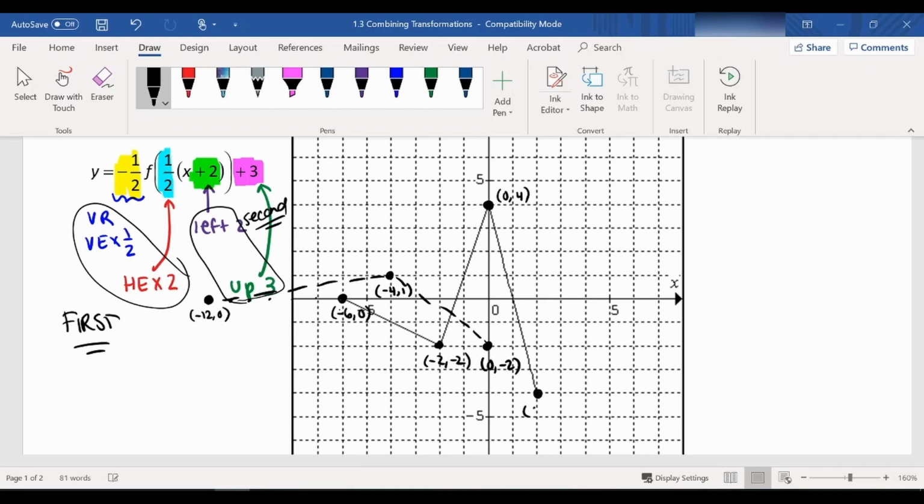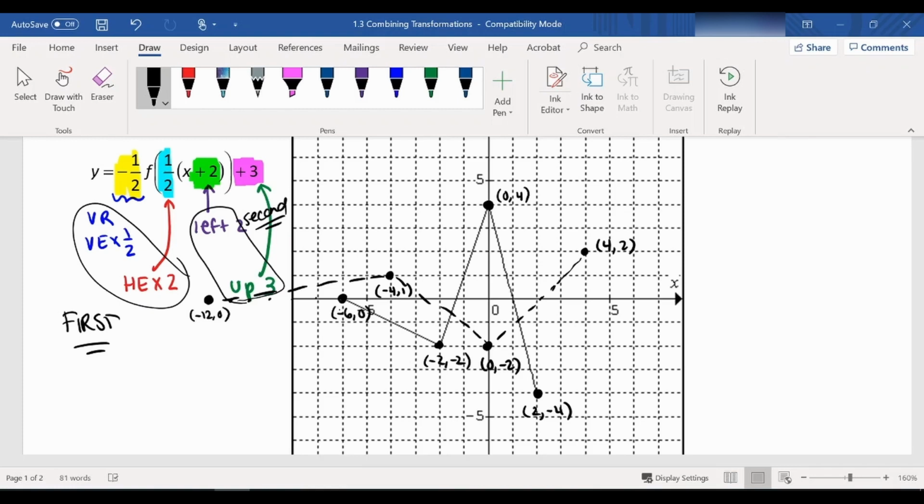My last point here is at 2, -4. So again, my x coordinate multiplied by 2, that gives me 4. My y coordinate multiplied by 1/2 and flip, that gives me 2. My new point is at 4, 2.